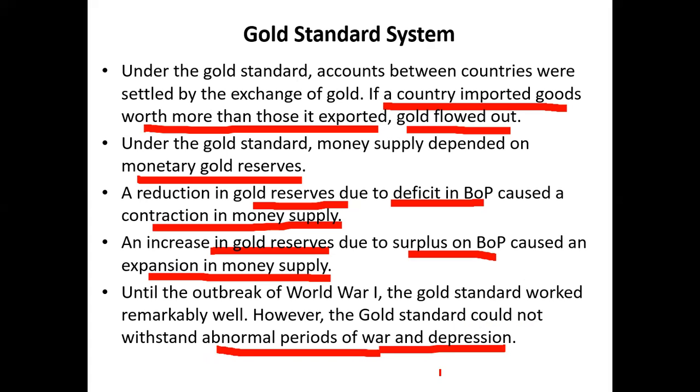In the gold standard, you have to keep gold for every unit of currency that you issue. In times of war and depression, countries found it very difficult to keep gold for each and every unit of currency they issued. So the gold standard could not continue in a situation of war and depression.